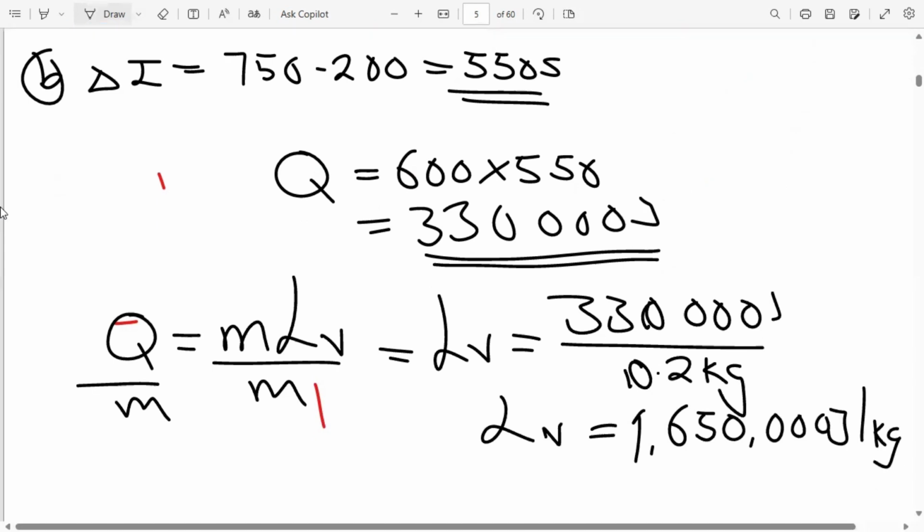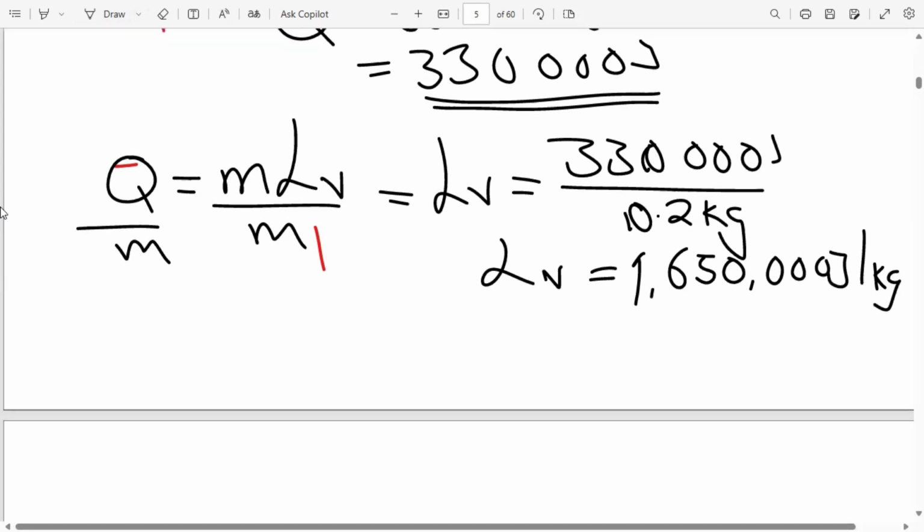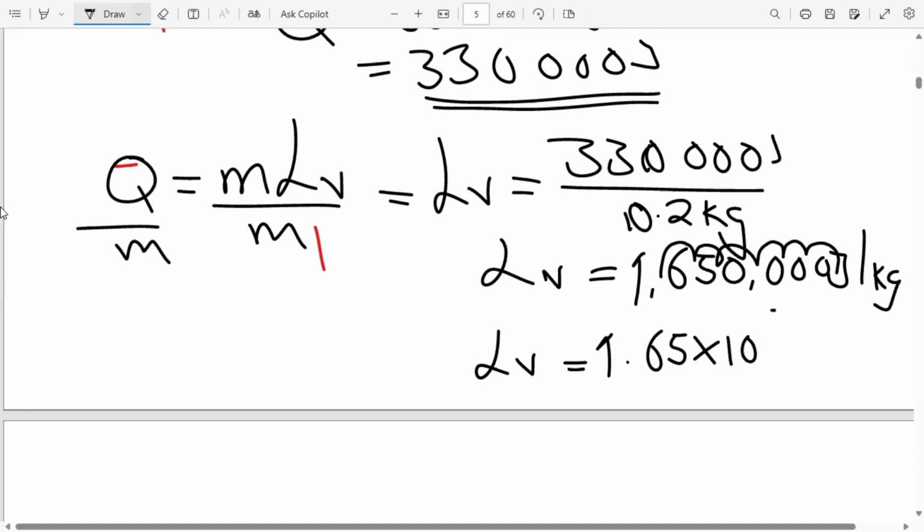But we can simply write it in scientific notation: 1, 2, 3, 4, 5, 6. So my L_V will be equal to 1.65 times 10 to the power 6 joules per kilogram.